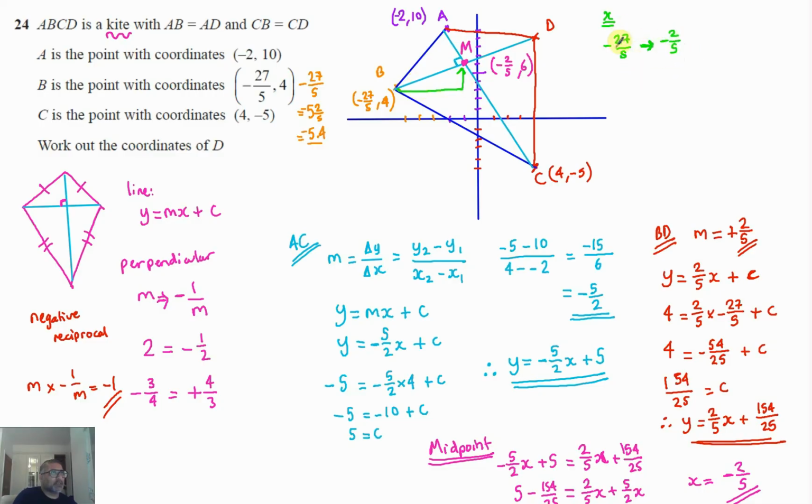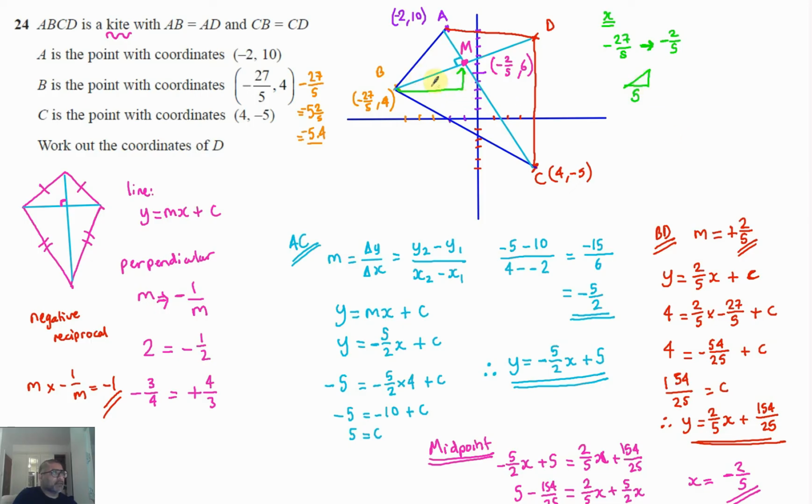So if I do minus 2/5, take away minus 27 over 5, again, got to be really careful with your double negatives there. The difference between that will be minus 2/5 minus 27 over 5, which gives us an answer of 5. So it's going across 5.